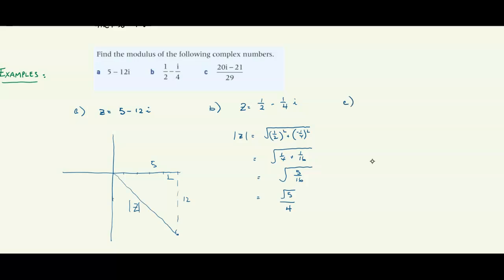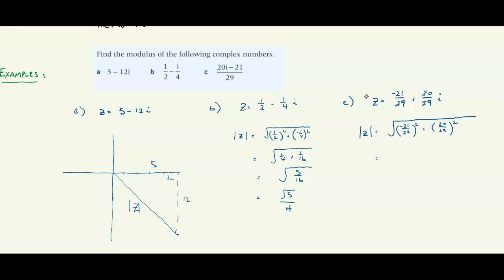And C. I've got z is equal to minus 21/29, my real part, plus 20/29 i. I'm interested in my values of a and b, so in I go with my Pythagoras work. I'm going to have negative 21/29 squared plus 20/29 squared.